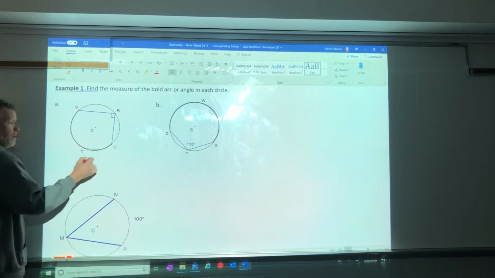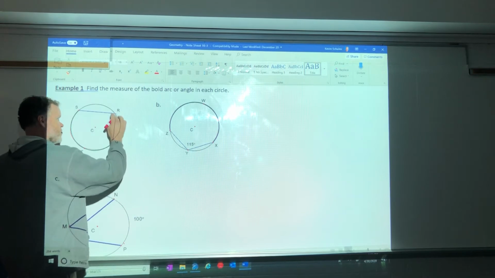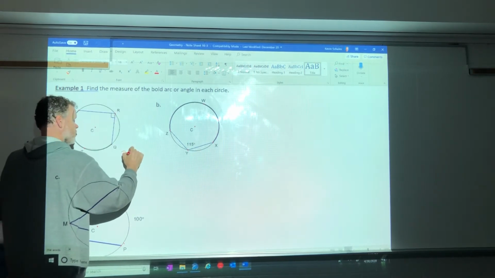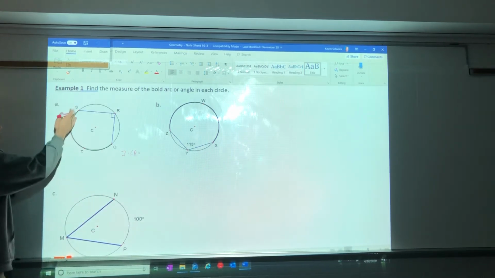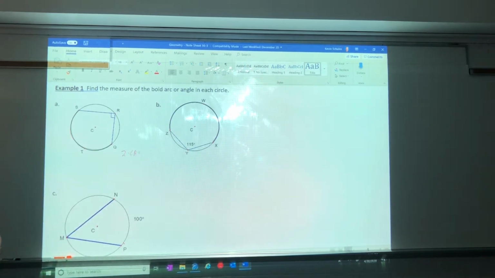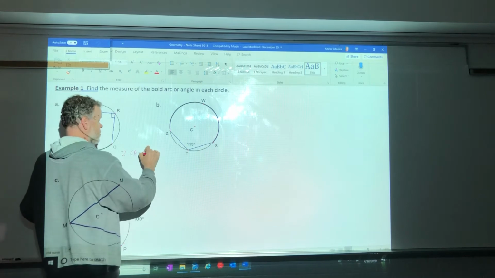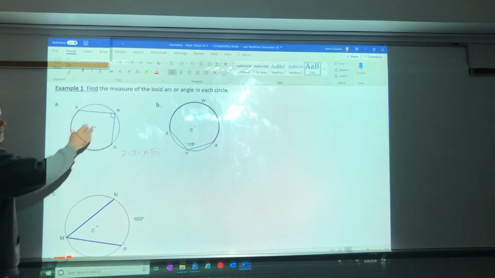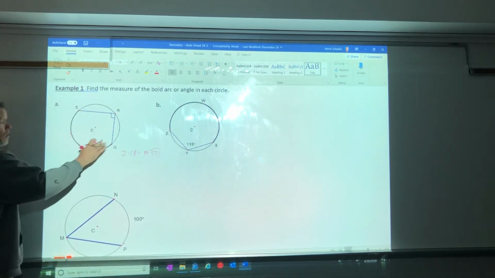Well, we know that since this is an inscribed angle, 2 times angle R is going to equal the measure of arc STQ. So 2 times this is going to equal what your arc is.